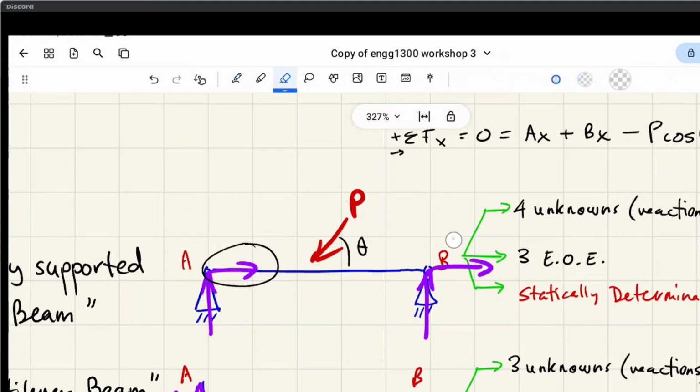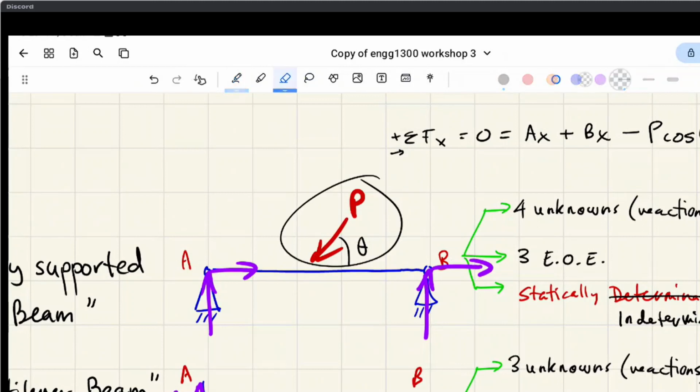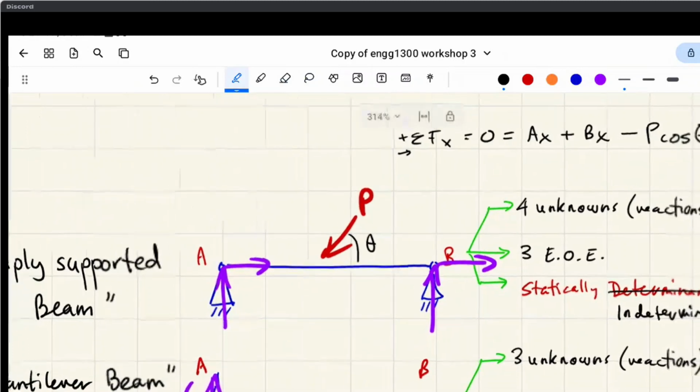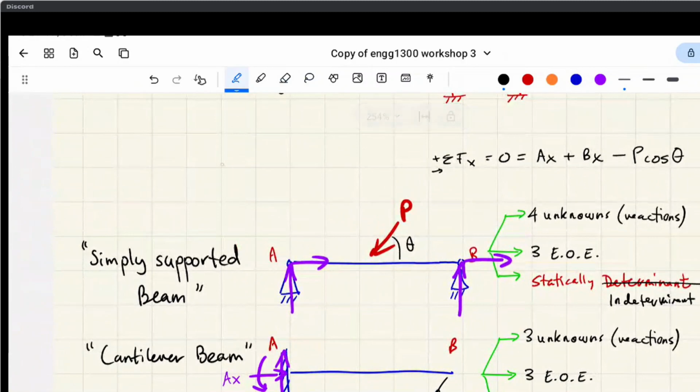So therefore, this is all to say that this is now statically indeterminate, right? Because you have too many unknowns and you don't know which portion of this load goes into each horizontal reaction, right? So it's actually the opposite of the unstable case. We kind of have it like this, right?